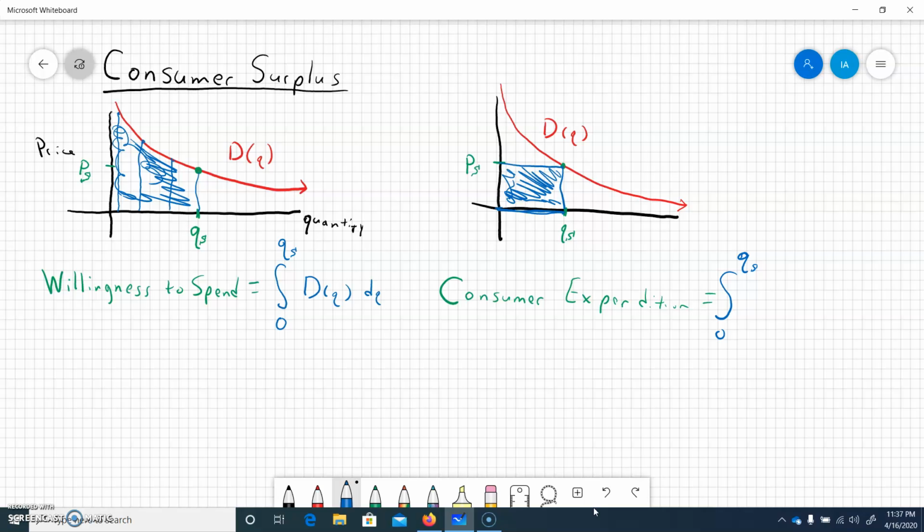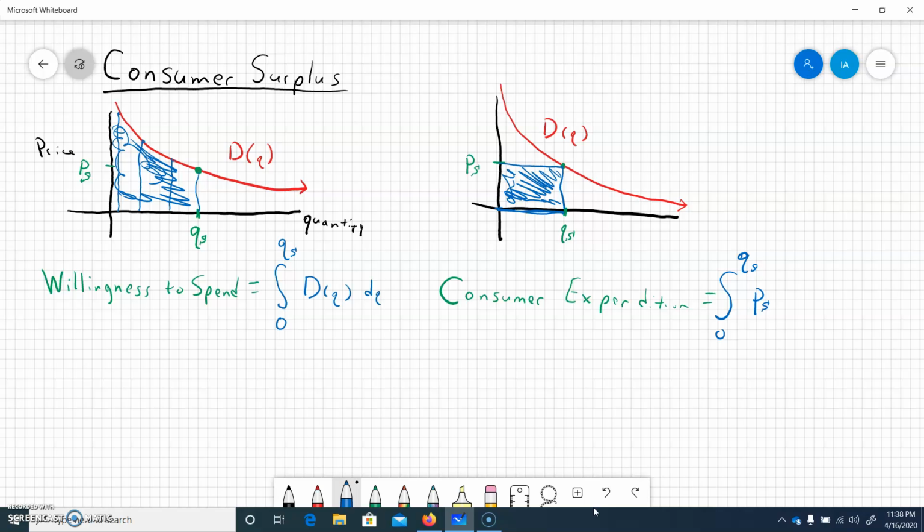We're actually doing it as a rectangle here, which has a height and a width. Well, the width is taken care of by this bound Q of S, and the height is actually P of S, which will be a number. It won't be a variable or an expression there. This is actually a price point.